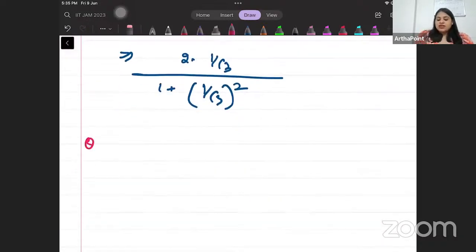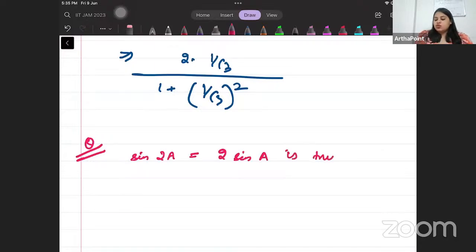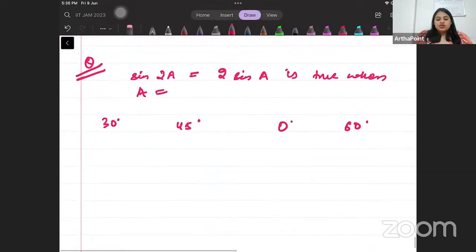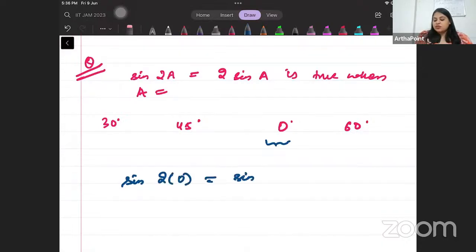Okay. The next question here is, beta, sine 2a is equal to 2 sine a is true when a is equal to 30 degree, 45 degree, 0 degree, or 60 degree. So try to solve this, beta. See, बहुत ही simple है. If I do hit and trial also, if I just put 0, I know sine 2 into 0 will be sine 0.